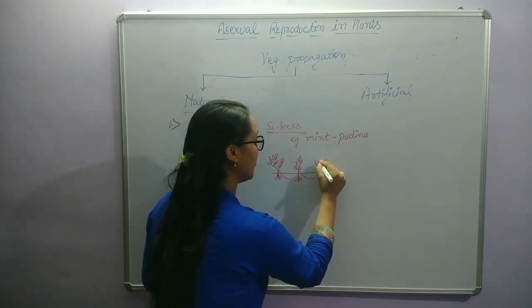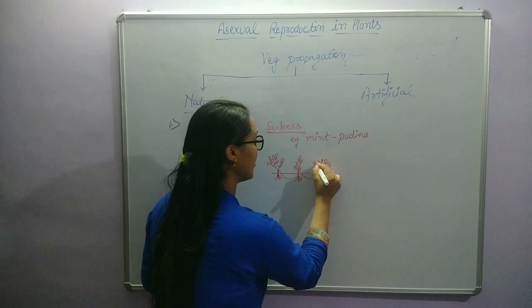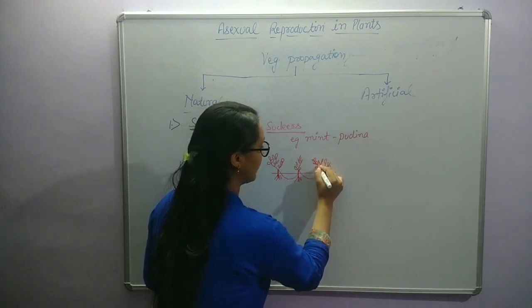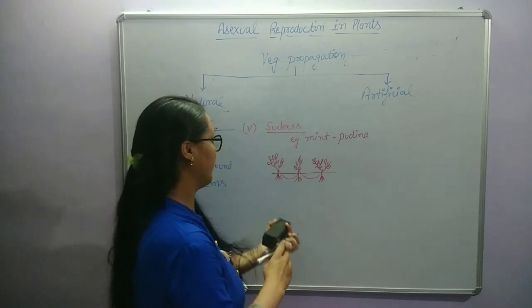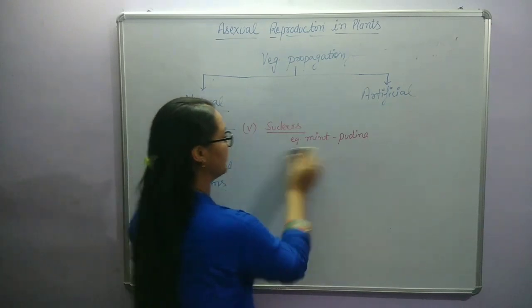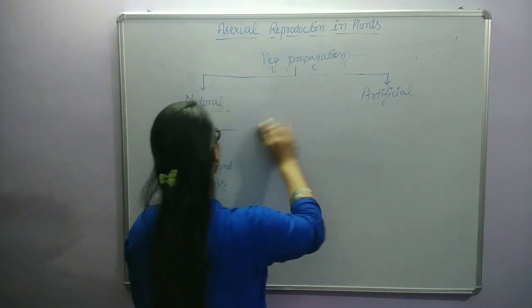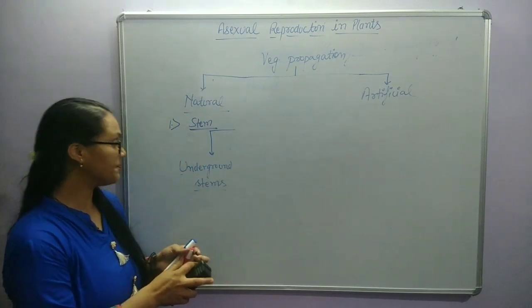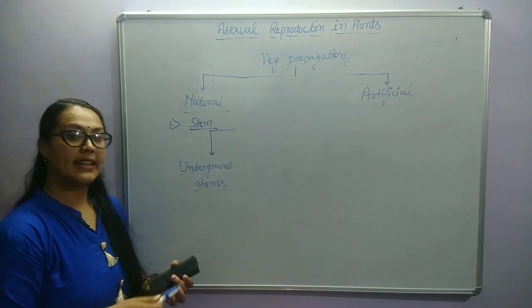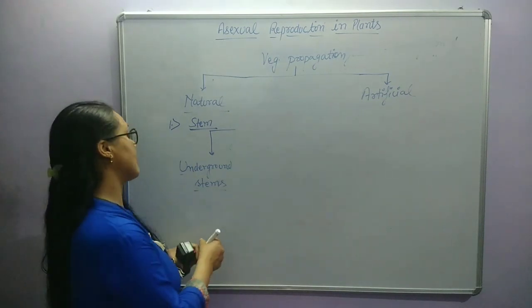Such kind of vegetative propagation is done by suckers like mint or pudina. So this was our underground stems. Now the second category, that is of creeping stems.